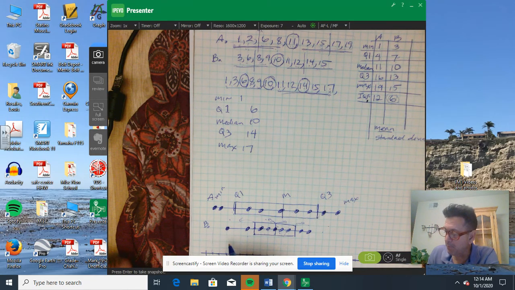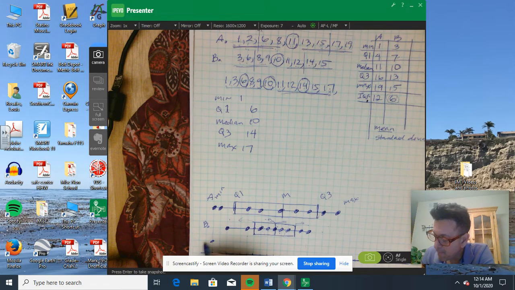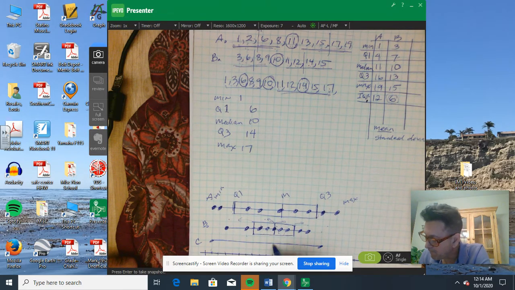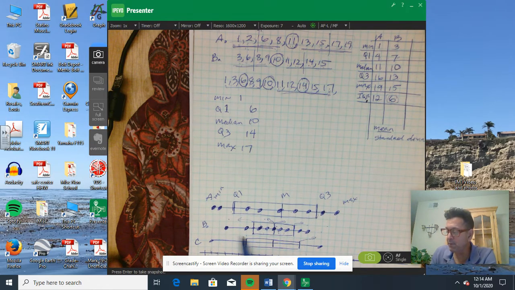So that's what's happening to this. It's getting more spread out. So our minimum is at 1. Our maximum is at 17. And 14, and as you can see, it pulled it out and stretched it out a little bit more.